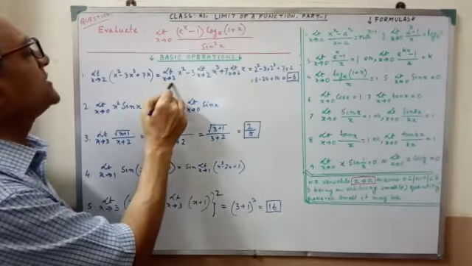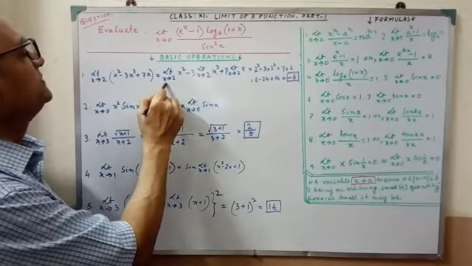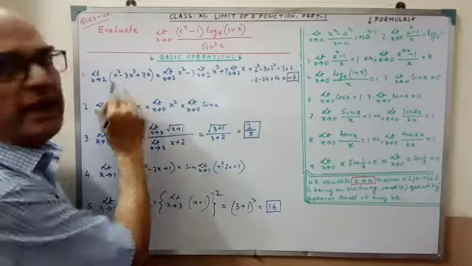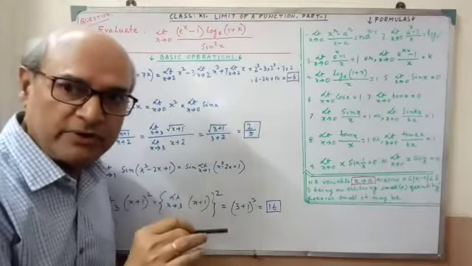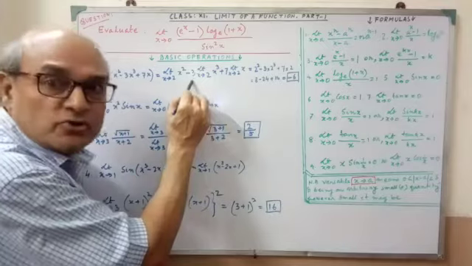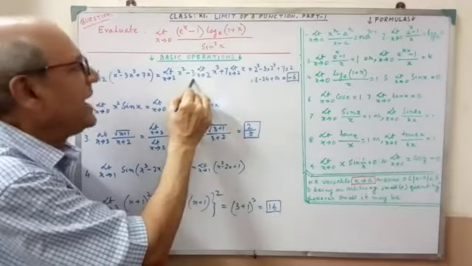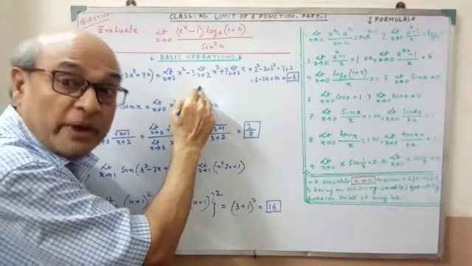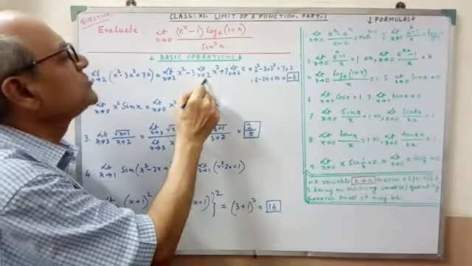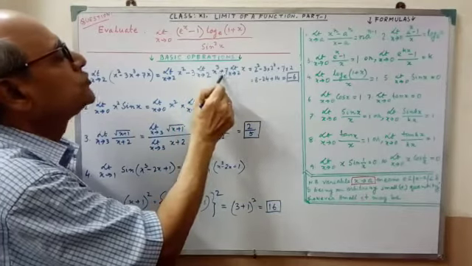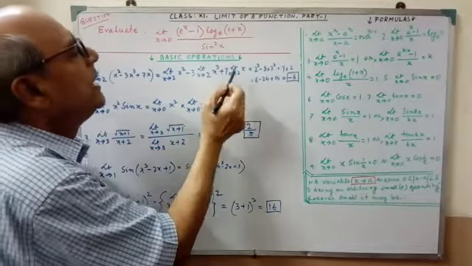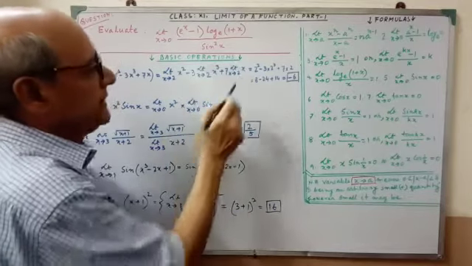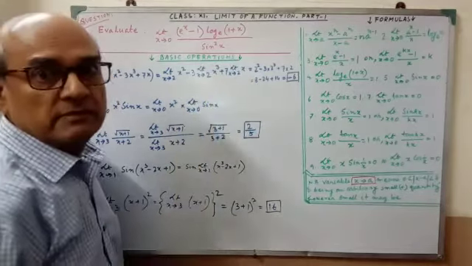Equal to limit x tends to a x square, one term. And another information, any constant number if you see, that will come outside of the limit. Variable, you have to find out the limit only on variable, that is limit x tends to a x cube. Here also plus 7, limit x tends to a x, variable.